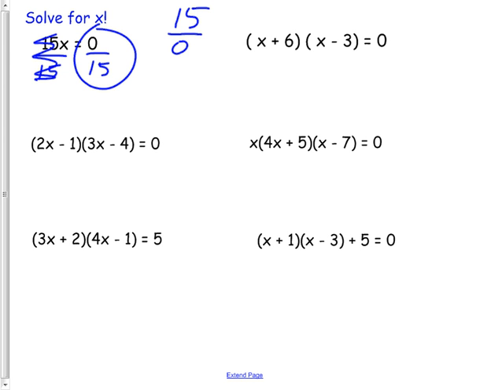And the way I like to have you think about it is if it's cookies. If you have 0 cookies divided amongst 15 people, then what do each of them get? 0. And it makes sense, right? What if you have 15 cookies and you divide it amongst 0 people?